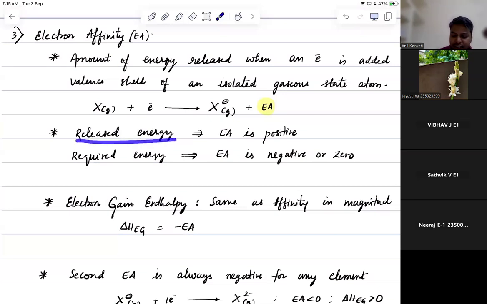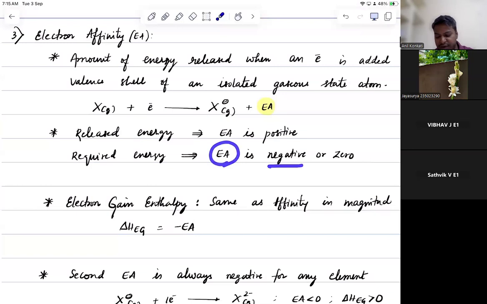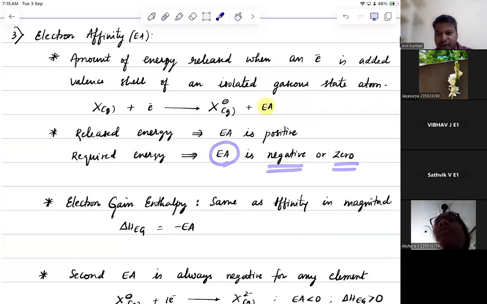Here, energy is released, which implies that electron affinity is positive. If energy is required, EA is negative or zero. Okay. We usually call electron affinity either negative or zero if there is no affinity at all.